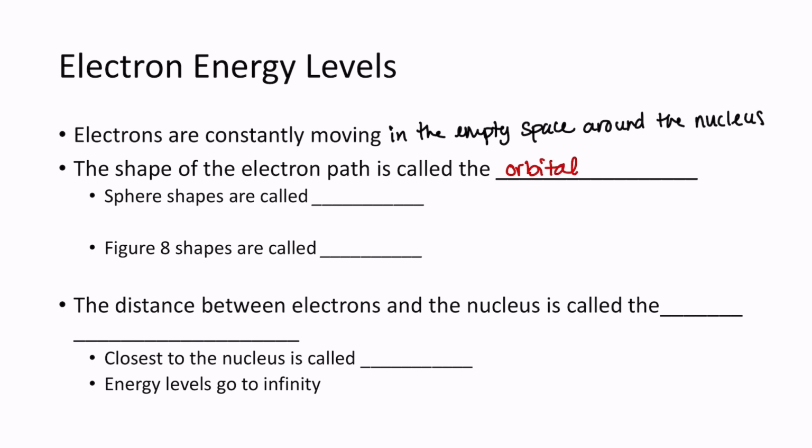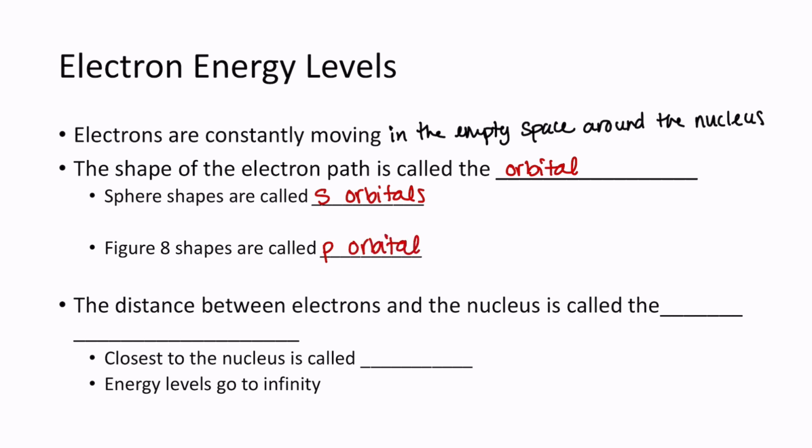Electrons exist in orbitals. In this class, we're really only going to cover two orbitals, but there are a total of four. The sphere-shaped orbitals are called the s orbitals, and the figure-8 or dumbbell-shaped orbitals are called the p orbitals.